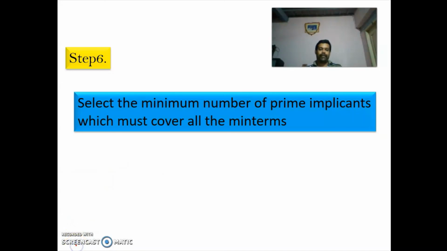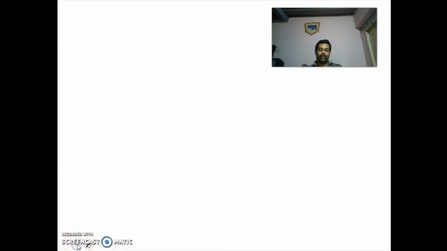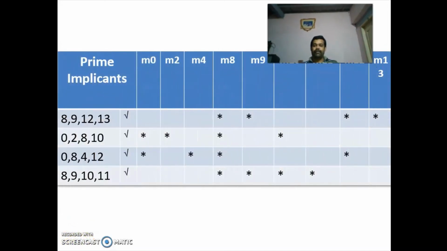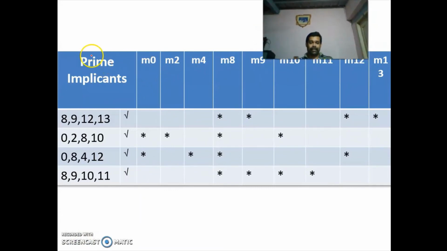In order to find the minimum number of prime implicants, we have to draw a table. This table is nothing but the first column is, we have to take the prime implicants we got in the previous step, and this is nothing but the min terms what we have got in the question. So 0, 2, 4, 8, 9, 10, 11, 12, 13. These are the min terms that are present in the question. These are the prime implicants what you are getting after doing step 5.